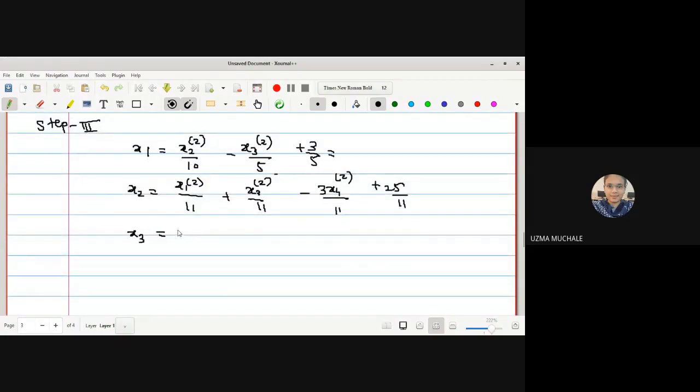x3 is equal to minus x1(2) divided by 5 plus x2(2) divided by 10 plus x4(2) divided by 10 minus 11 by 10.